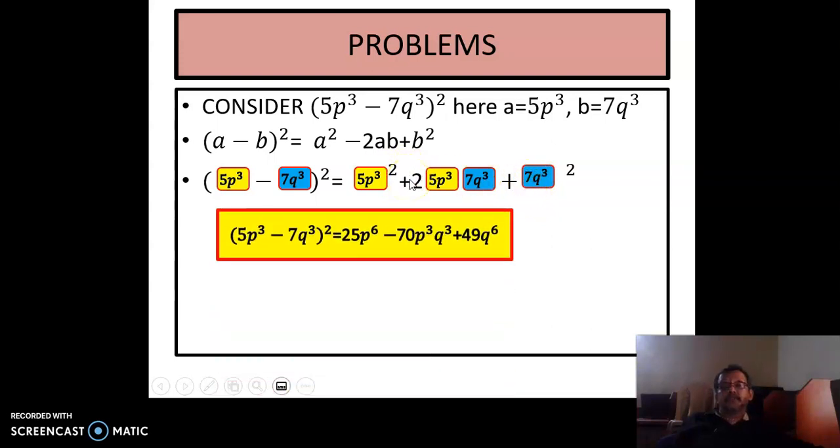Here it is minus, not plus. So you will get 5 into 5, 25 p to the power 6, minus 2 into 5, 10, 10 into 7, 70 p cube q cube, plus 7 into 7, 49 q to the power 6.